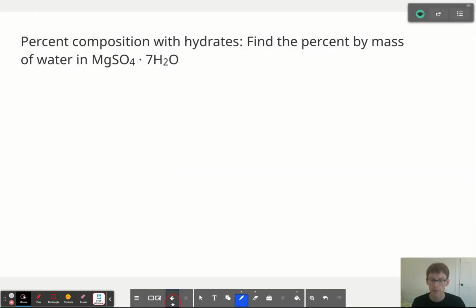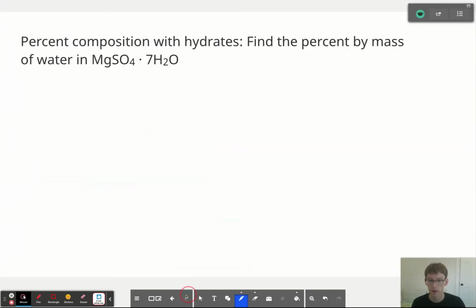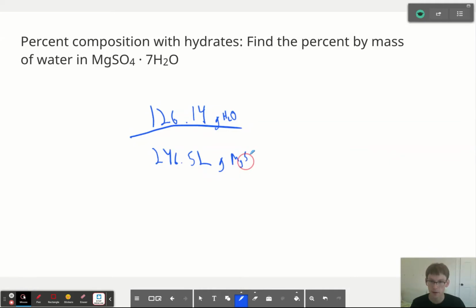And so in order to do that, I'm just going to go back to my previous work here. We found that the overall molar mass is 246.52 grams per mole, but the water part of it is 126.14 grams per mole. So all I need to do is take the 126.14 grams of water over the 246.52 grams of magnesium sulfate heptahydrate.